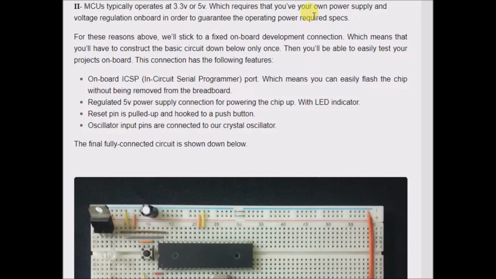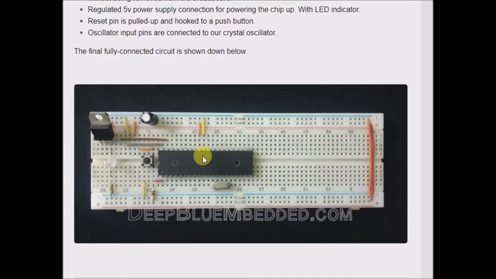Reset pin is pulled up and hooked to a push button. Oscillator input pins are connected to our crystal oscillator. The final fully connected circuit is shown down below. That's worth pausing and taking a look at.